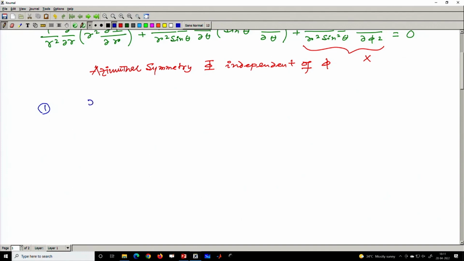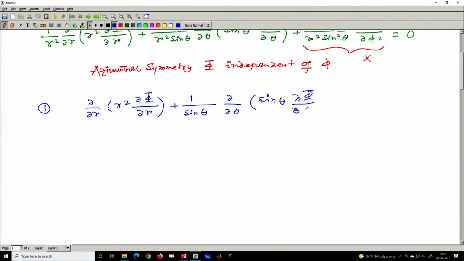The differential equation that we have is del r, because 1 by r will cancel out, so we have del r of r square del phi del r, plus 1 by sin theta, del theta of sin theta del phi del theta, equal to 0. That should be my differential equation.